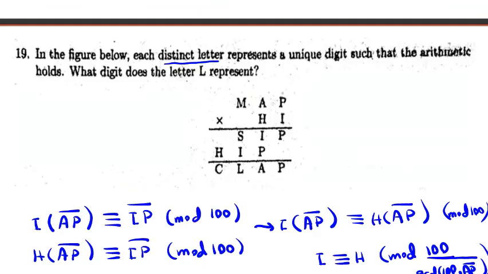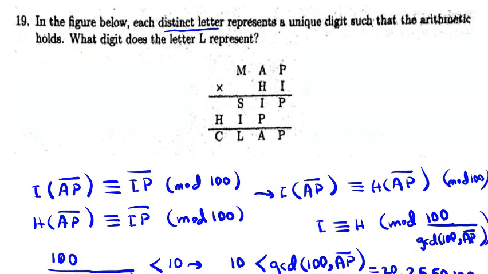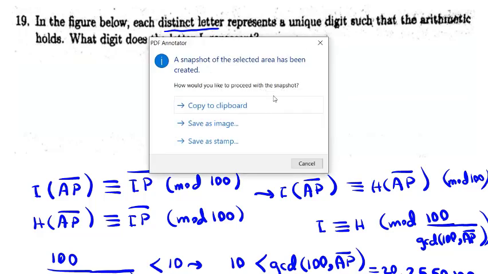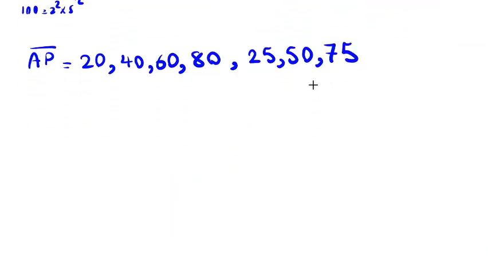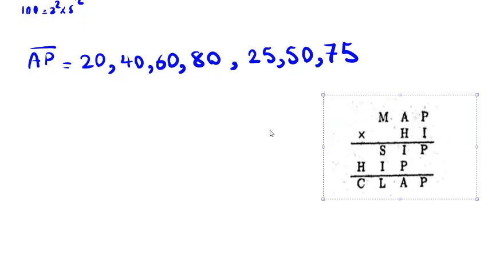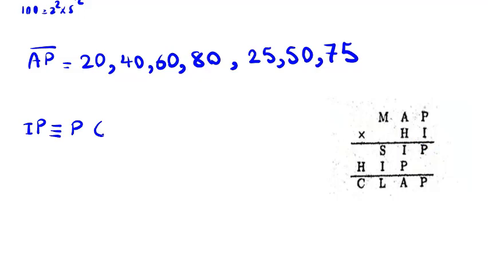Let's consider again the main thing here. Let me copy this. Okay, so if I check this product again, I say what? P times IP is congruent to P, because it is P mod 10.